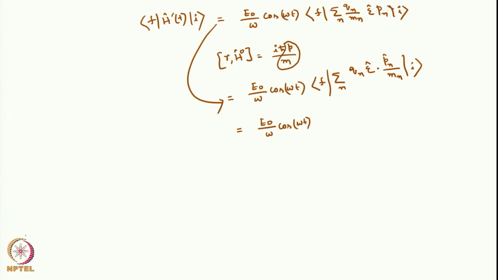So, i h goes to the other side, it will become minus i and h bar, that is what you get. Sigma over n q n epsilon n, the commutator r n, h naught.